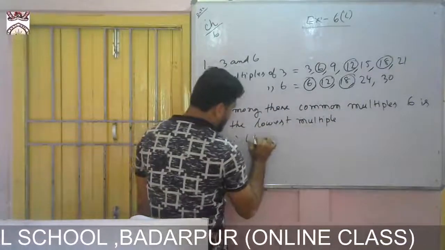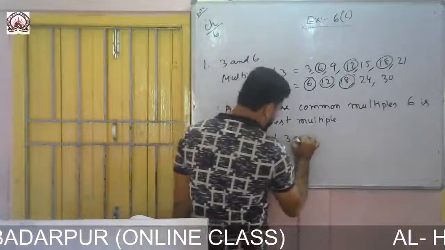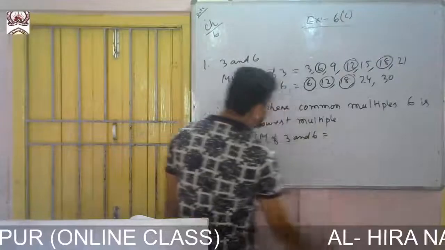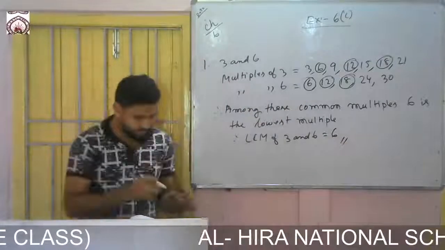Therefore, the LCM of 3 and 6 equals 6. That is the answer. Like this you write.